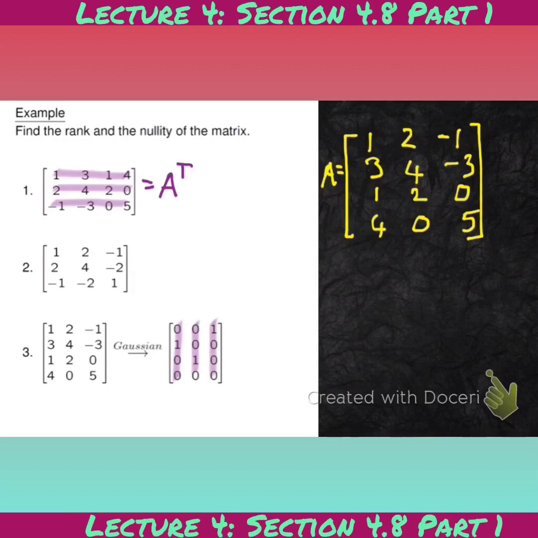The columns with leading ones are going to identify my basis vectors for the column space. So the columns with leading ones are column 1, 2, and 3. Therefore, the basis for the column space of A becomes the column vectors of the matrix A, all of them. So there's my first vector.